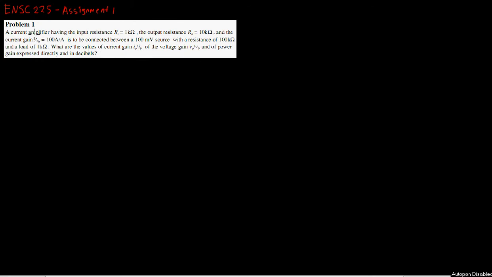So first of all, the current amplifier, you need to know what the circuit diagram looks like for that. If you don't know what it looks like, you've got your two input terminals, between which there is an input resistance, and then typically this bottom terminal is ground, and then you've got a dependent current source and an output resistance in parallel with it, and then you've got the output terminals.